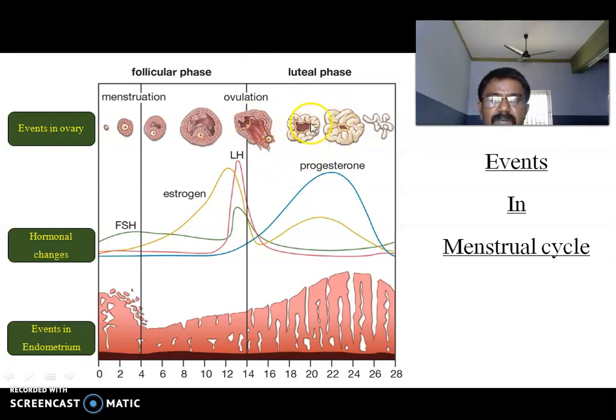It is a temporary gland of the female reproductive system. The corpus luteum secretes more progesterone. Progesterone is mainly responsible for the care of the fertilized egg or pregnancy. Hence it is called the pregnancy hormone, right?